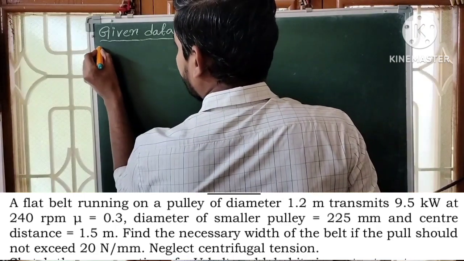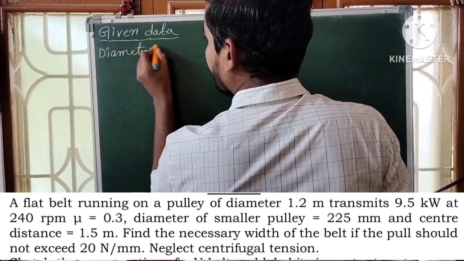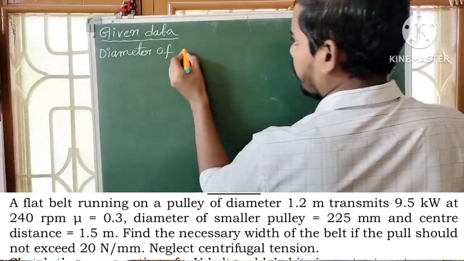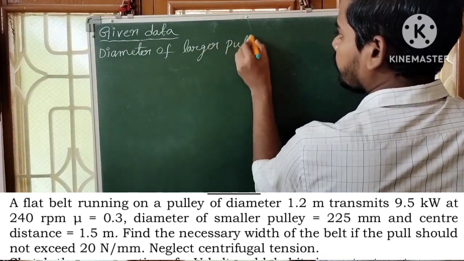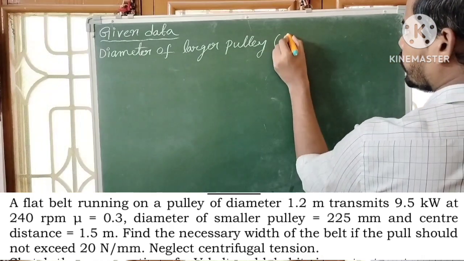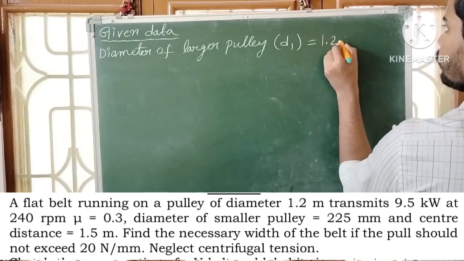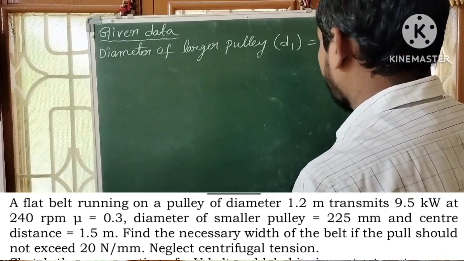First, diameter of larger pulley, let us say D1. D1 is equal to 1.2 meters.